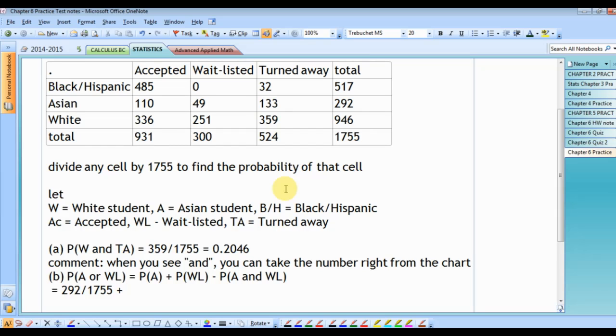What's the probability of WL? 300 out of 1755. What's the probability of A and WL? 49. Yep, that's 49. Which is 0.3094.